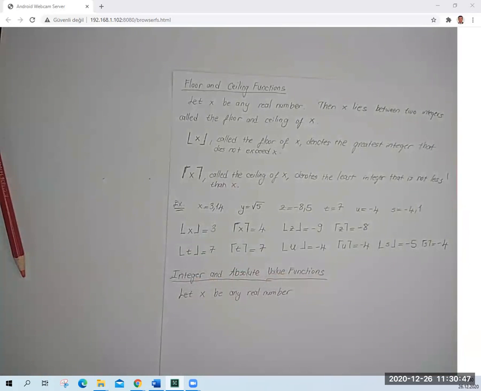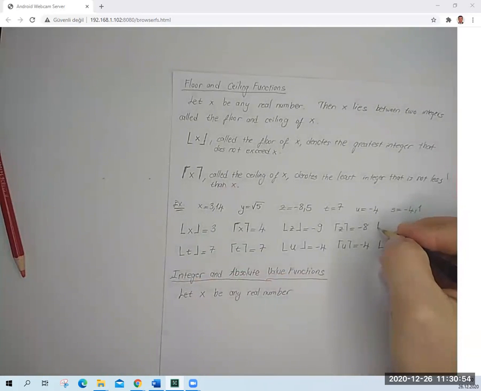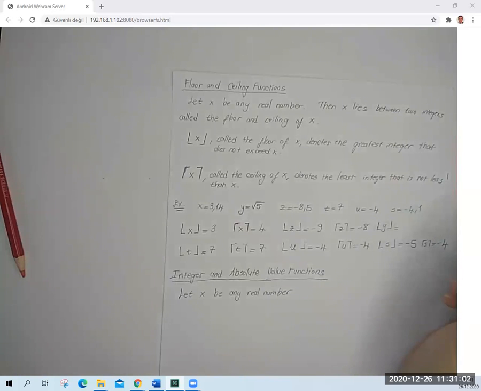The integer value, we forgot y. I'm sorry. Okay, let's write y here, floor and ceiling. As a floor value, this is 2 point something, right? 2.2 or something. The floor value is going to be 2, and the ceiling of y is going to be 3.